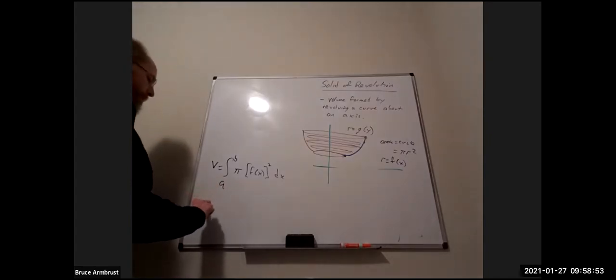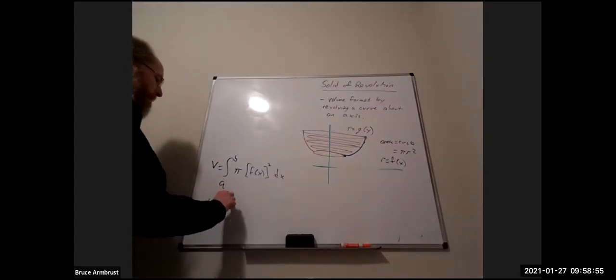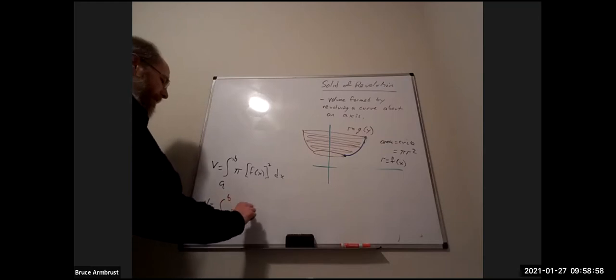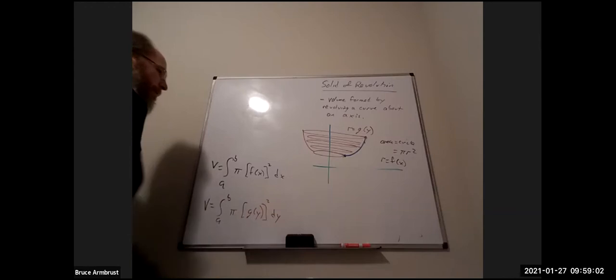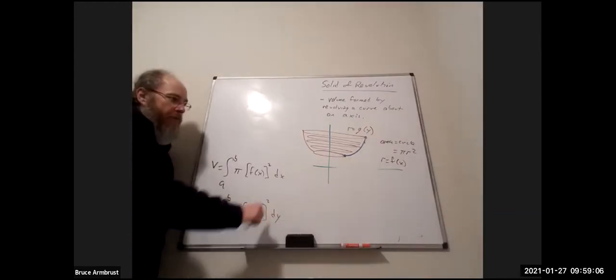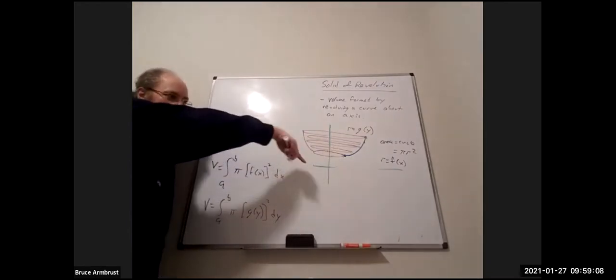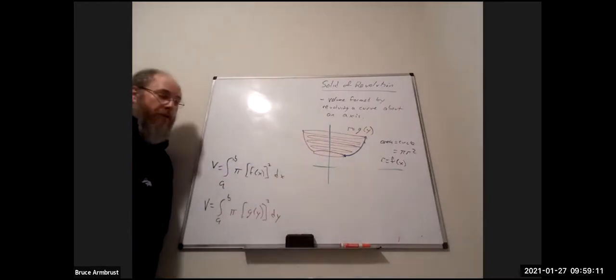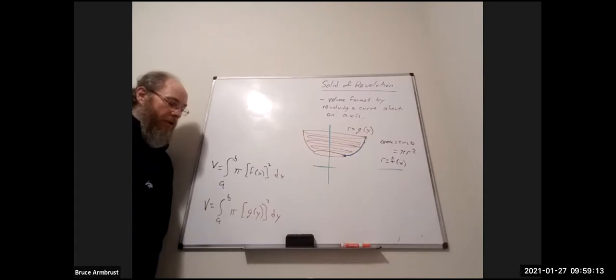So this one would be a volume from A to B of pi times g of y squared dy. So we have to change it to a y because we're looking at slices that are going vertical as opposed to horizontal. But it's exactly the same structure.